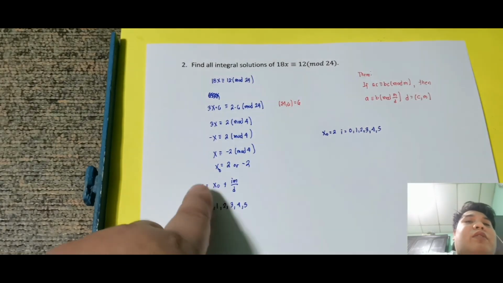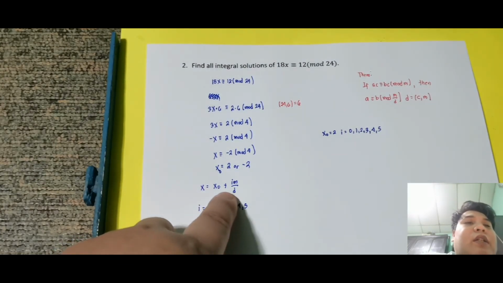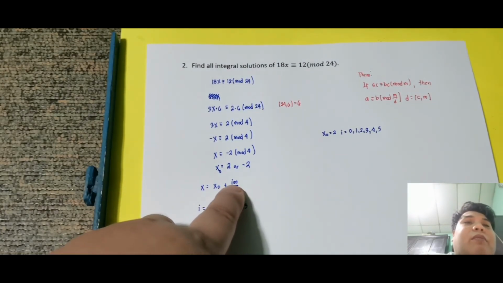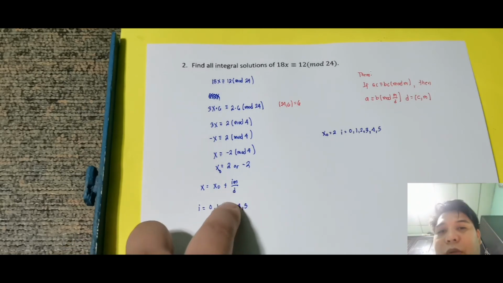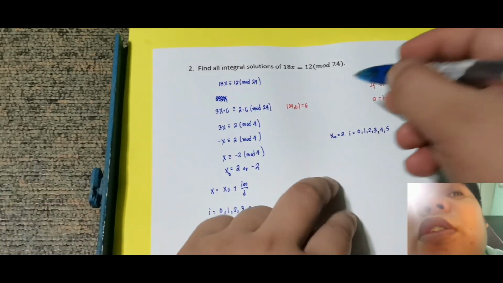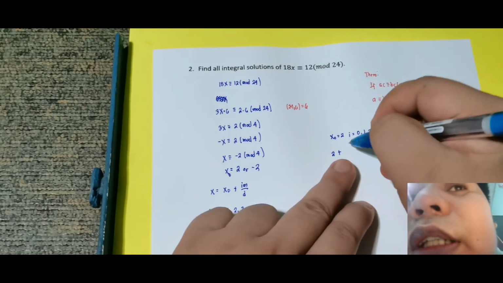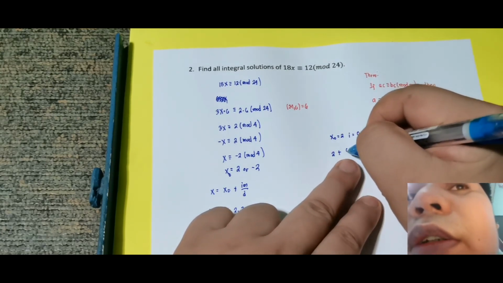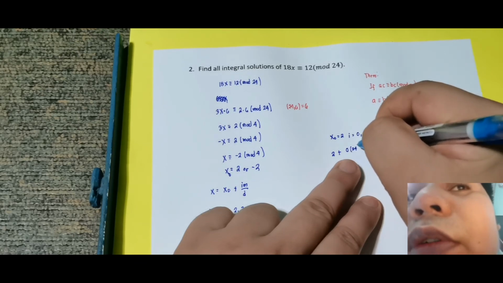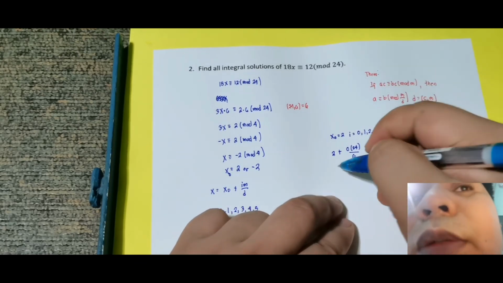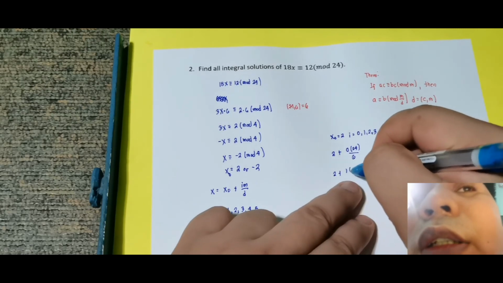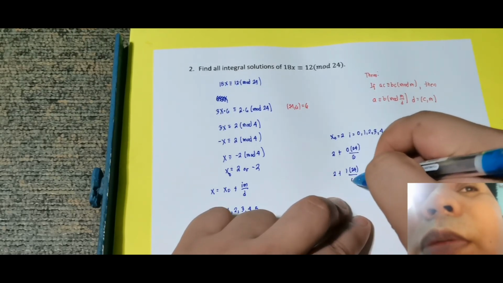Substitute na lang natin, no? So that is 2 plus 0 times m. Ano yung m? M is 24. So 24 over 6. Yung unang solution is 2 plus 0 times 24 over 6. Pangalawa, 2 plus 1 times 24 over 6.